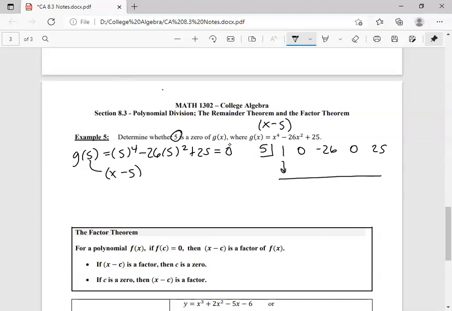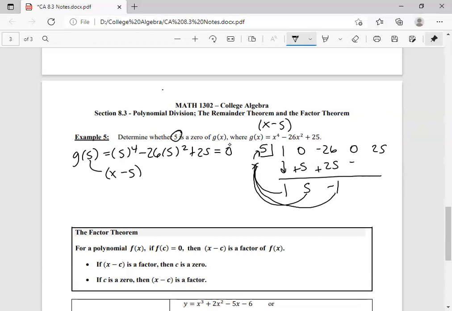So I'm bringing down the 1. 1 times 5 is 5. We're going to add those. Keep going. 5 times 5 is 25. -26 plus 25, -1.